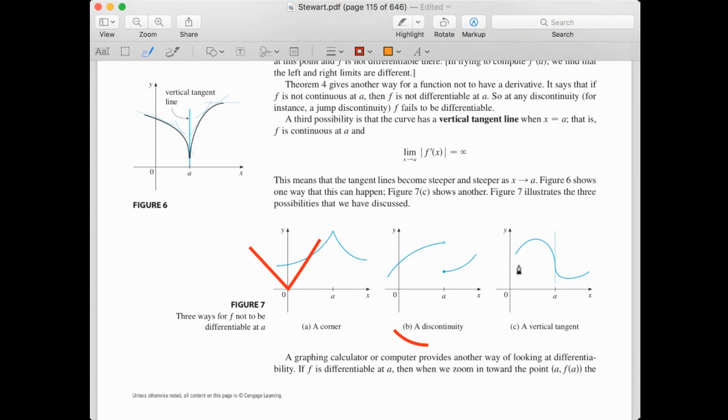Would the removable discontinuities fall under this? It depends. Let's see. It depends on which situation. If a removable discontinuity falls under the first one, second one, and the third one, it still won't be able, right?